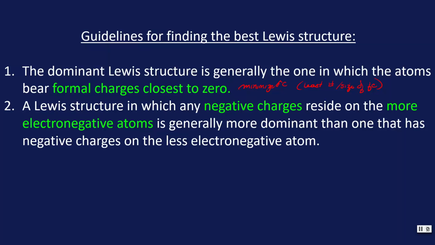Secondly, if you have to have a negative formal charge, it needs to be on the most electronegative atom. Any negative charge needs to be on the most electronegative atom.